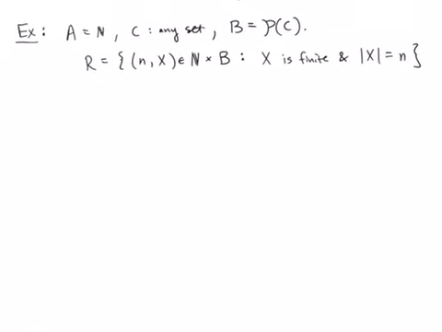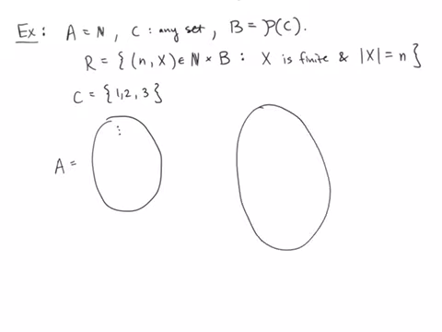So let's look at an example here. We can take our set C to have 3 elements. Then A is the natural numbers, which has 1, 2, 3, etc. in it. I'll draw that in a second. It's better to do B first.